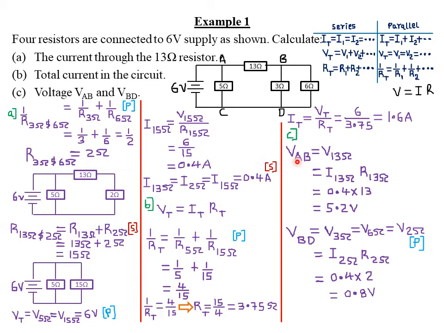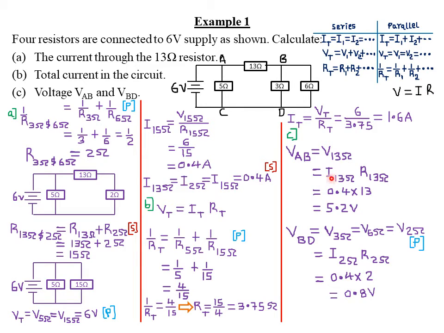So the voltage through AB is equal to the voltage through the 13 ohm resistor. Remember from Ohm's law, voltage is current times resistance. So the voltage through A and B is just the product of the current through the 13 ohm resistor and the resistance of the 13 ohm resistor, that is from Ohm's law, IR.